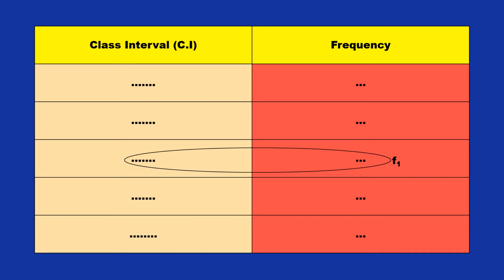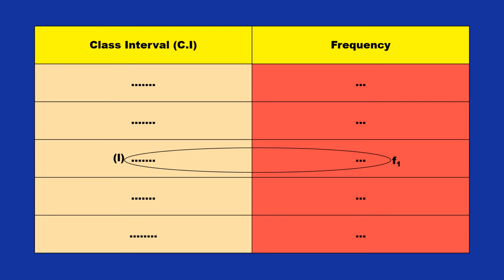You should circle it like this, meaning this is your modal class. Whatever the lower limit of the modal class is, that is your L. Suppose I have written the intervals like 10 to 20, 20 to 30 and 30 to 40. Here the lower limit is 30. Whatever the lower limit of the modal class is, that is your L.